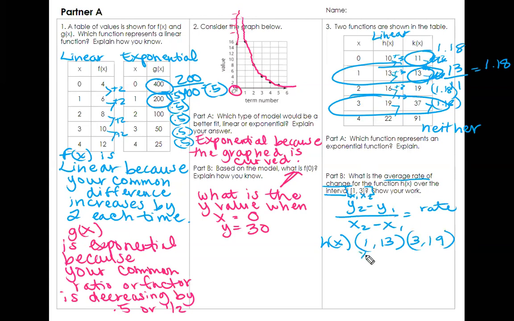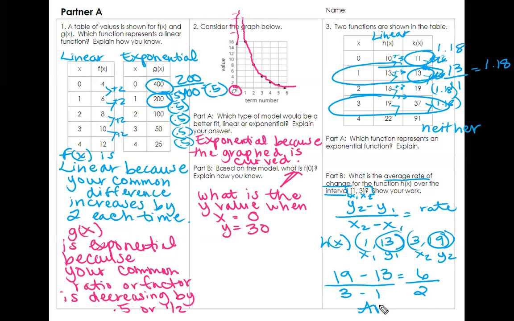So now you have your X1, Y1, and your X2, Y2, and you can put it into the rate formula to figure out the average rate of change. So I would do Y2 minus Y1. I'm just taking these numbers and subtracting, get 6. And then X2 is 3 minus 1, so 2.